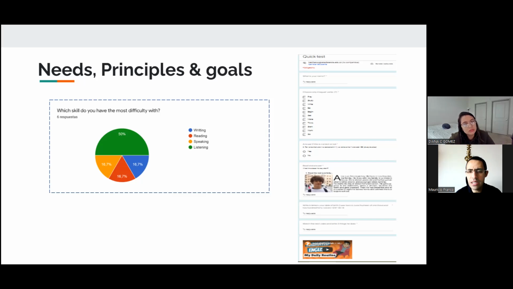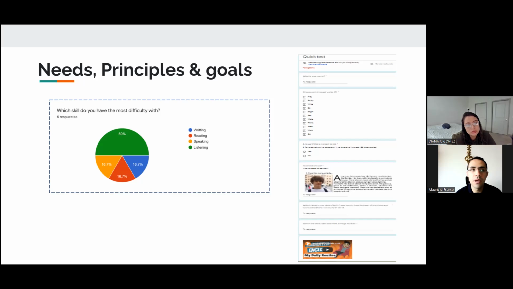To complete this search about the needs or the problems, we created another questionnaire about the topics that they have already studied with the teacher Alejandro, like simple present, structures, numbers, some daily routines, and those aspects that they have studied. So we wanted to check their handle of this, or whether they have some difficulties, but most of them have a good handle of these topics until this moment.